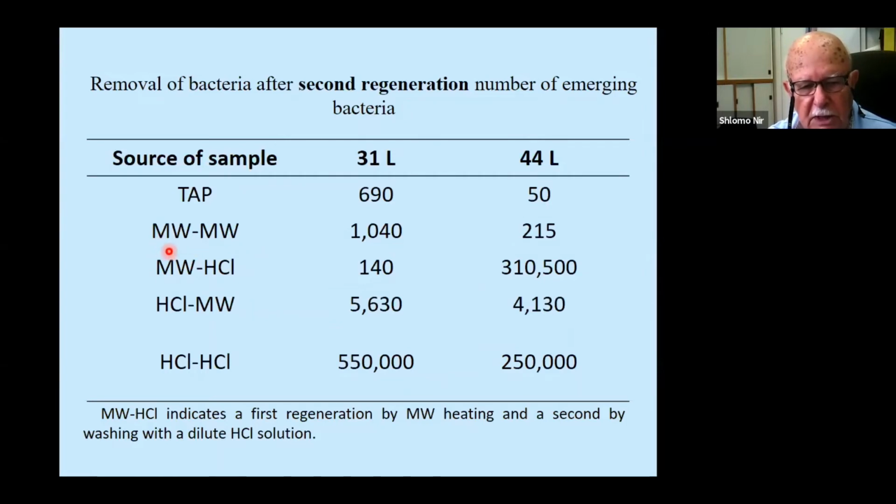The notation here is first regeneration by microwave and second by microwave. This means first by microwave and second regeneration by H-chlor. The two cases where second regeneration was by H-chlor yielded after 44 liters very large numbers in comparison with the cases where second regeneration was by microwave.